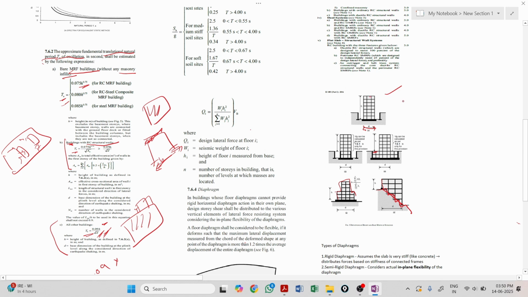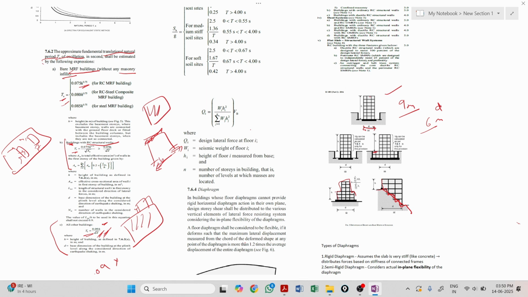Right now the height may be around 9 meters, and let's take d to be around 6 meters. So let's do the math. It is 0.09 into h, which we have taken as 9 meters, divided by root of d, which is 6.